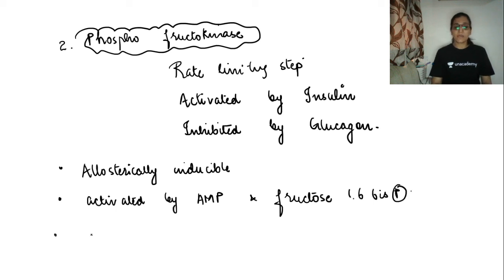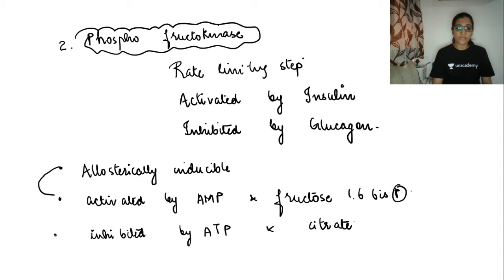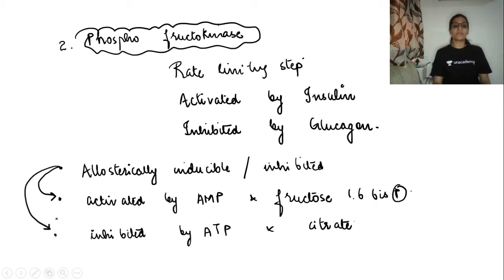And it is inhibited by ATP and citrate. So this is how it is allosterically induced and allosterically inhibited. It is allosterically inhibited by ATP and citrate, and allosterically activated or induced by AMP and fructose 1,6-bisphosphate. So these are the things which are required for the regulation.